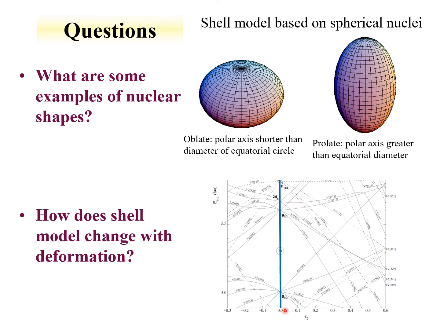If you've taken inorganic chemistry, you've seen Tanabe-Sugano diagrams; you'll see the same sort of behavior. What we can see from this is that oblate nuclei tend to lie on this side of the line that defines the spherical nuclei. So on the left side will be oblate, and the prolate will land on the right side.